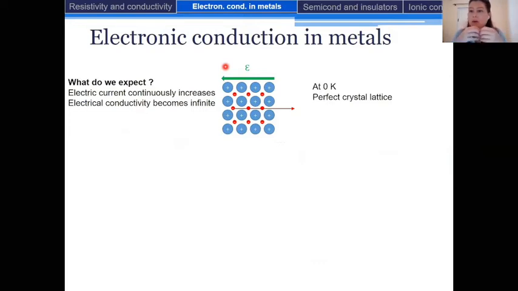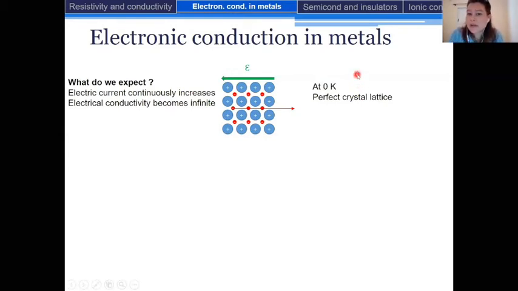Since we have a lot of free electrons, we should expect that all of them would move, and we would have a continuous increase of the electric current. In other words, we would have an electrical conductivity that becomes infinite because all of the electrons would be able to move very quickly.